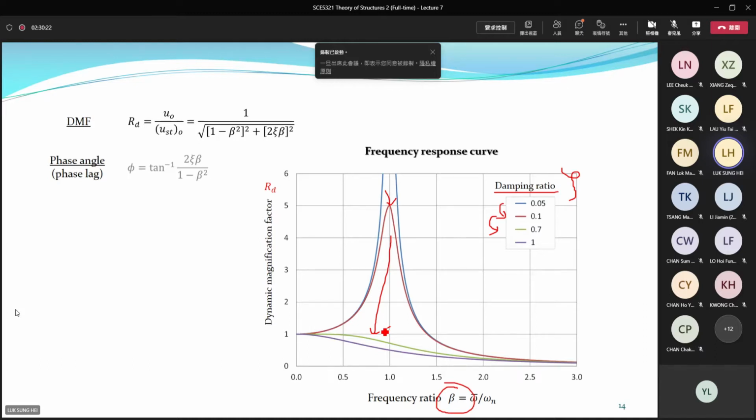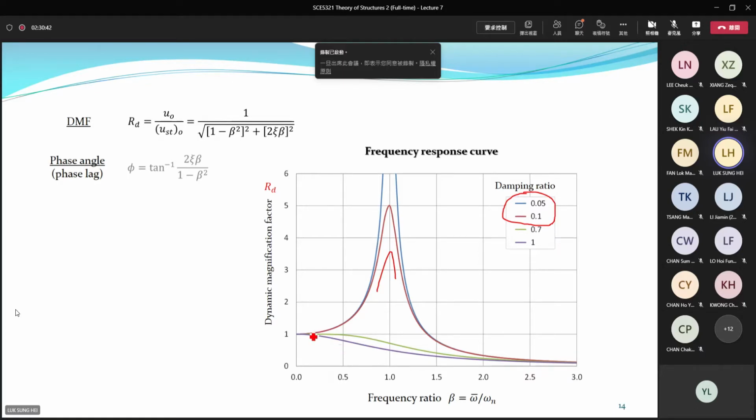But the shape of the graph also changed significantly. For small damping, a peak appears at resonance. But for high damping beyond 0.7, you cannot see that peak.